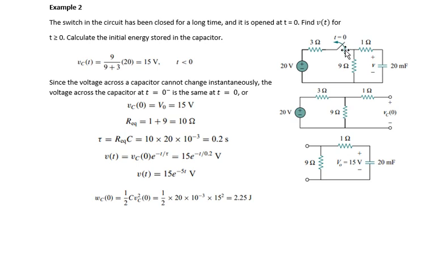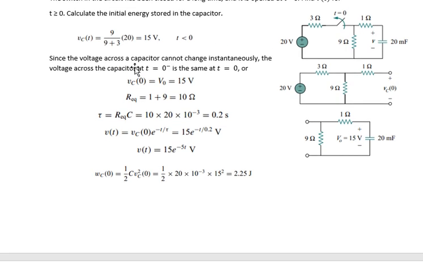At time t is equal to 0, we open the switch. So this part here is already isolated from this part here. So this source here will no longer supply this load here. Instead, the capacitor will supply some energy to these two resistors. So that is what it means.